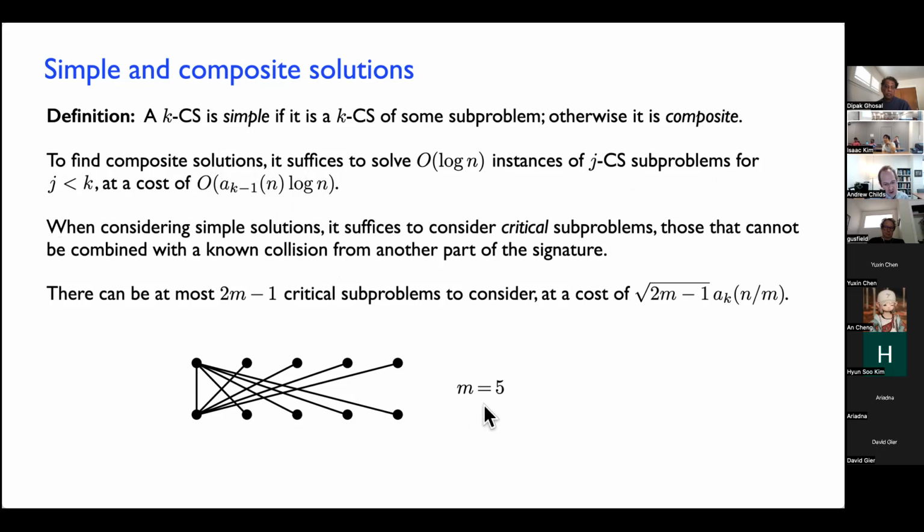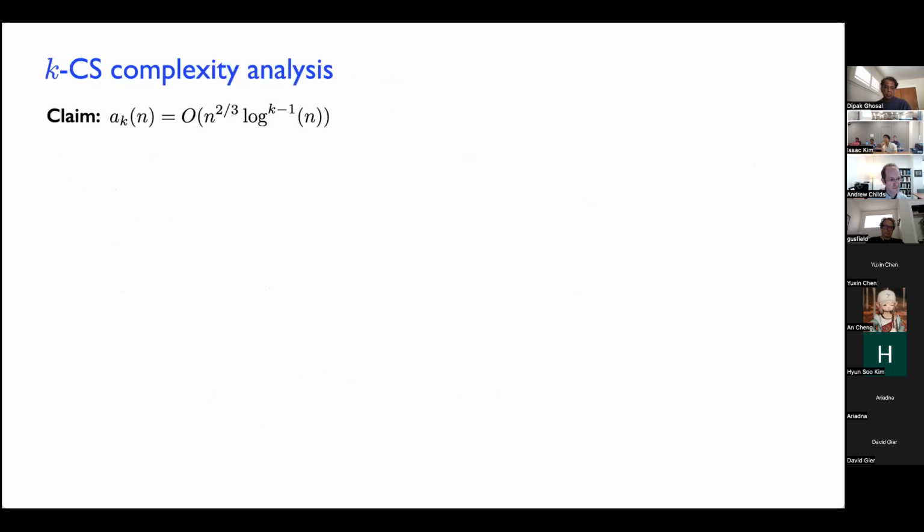And then we can also show that we don't have to consider too many cases to identify the possibility of these simple KCSs, because of something to do with the structure of what subproblems we could possibly have to consider depending on the signature. I think maybe in light of time, I won't try to explain it in more detail than that.